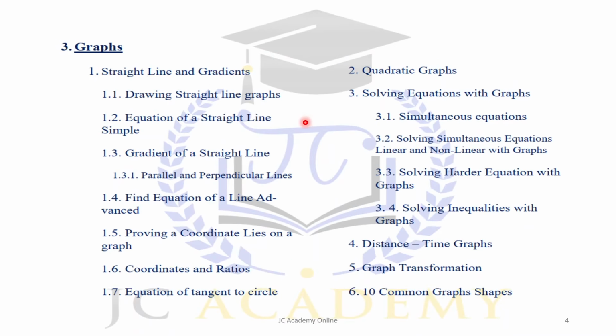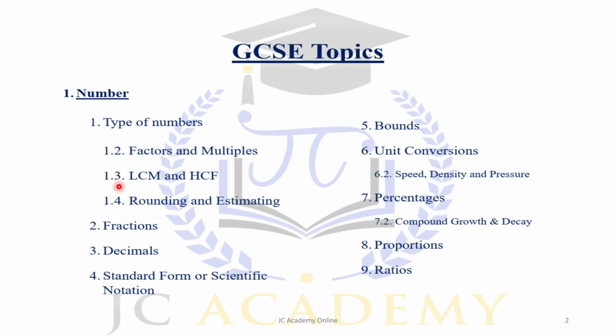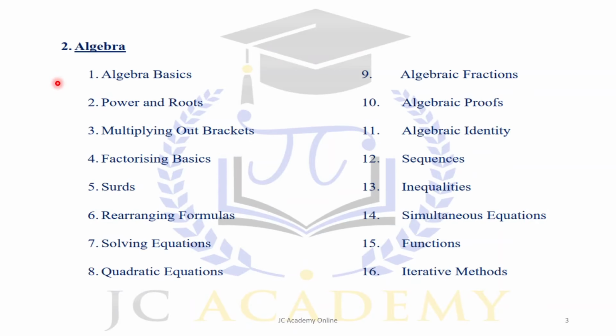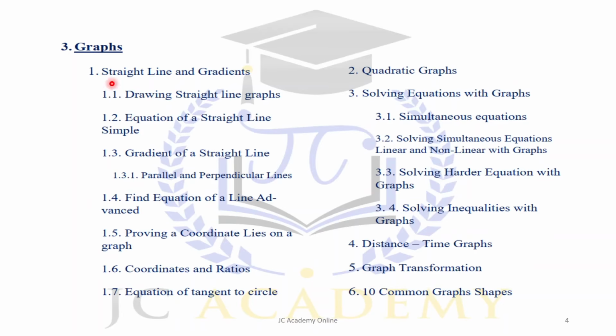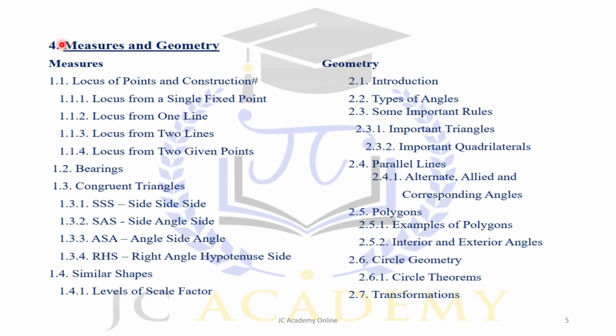So within each section, there are many chapters. Okay, so in the first section, there are 9 chapters. In the second section, there are 16 chapters. The third section, there are 6 chapters. Fourth section, there are 2 main chapters, but each chapter has subsections within it.